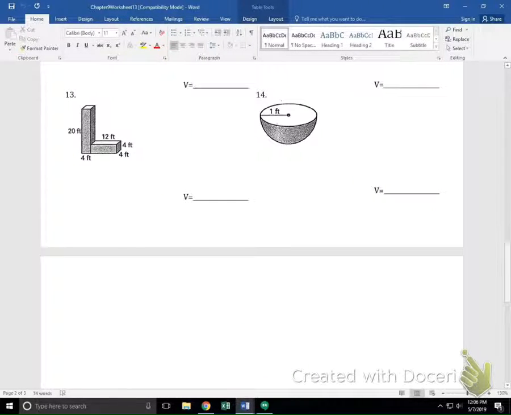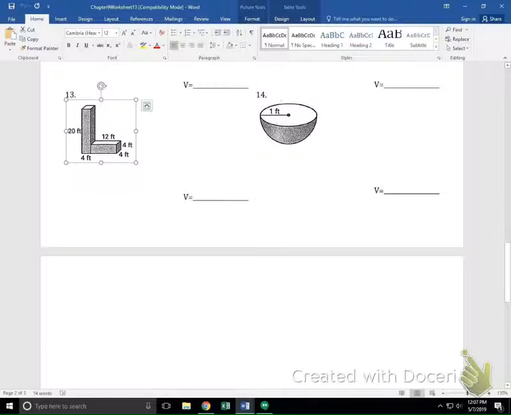Oh, we have 2 figures here. What type of shape are they? They're prisms. I need the volume formula.